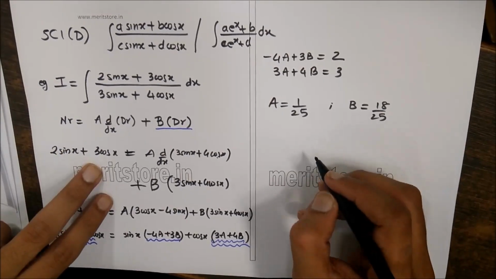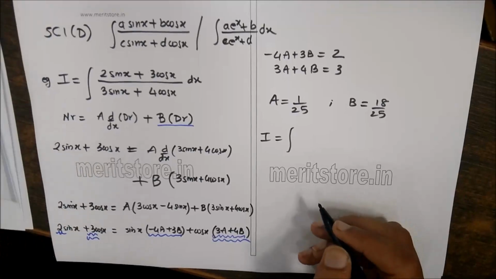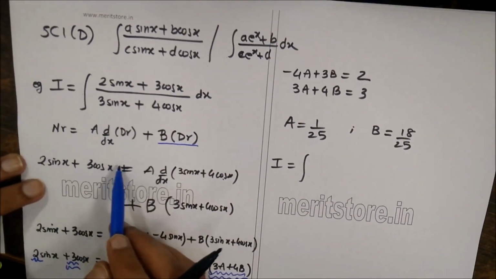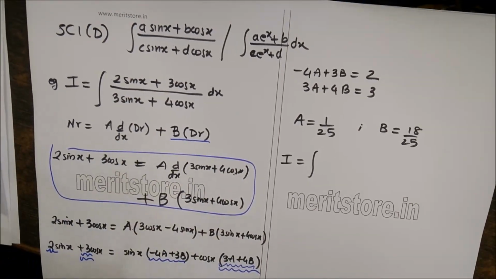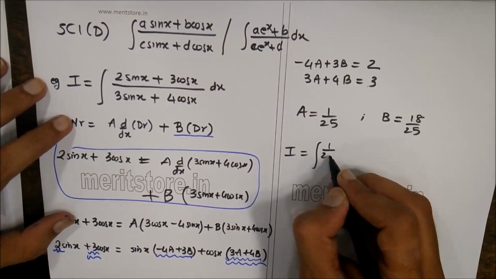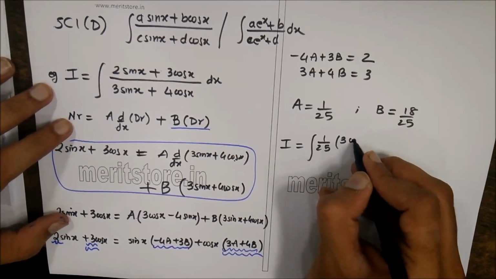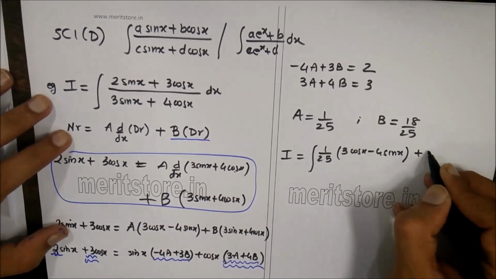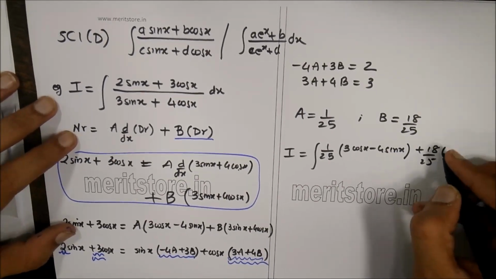Now the sum will be written something like this: integral of, instead of the numerator 2 sin x plus 3 cos x, I'm going to present it in this format. I'm going to write this as 1 upon 25 into 3 cos x minus 4 sin x plus 18 upon 25 and the denominator as it is.